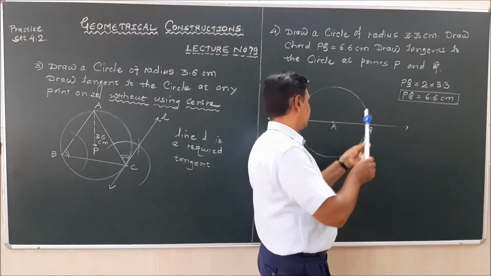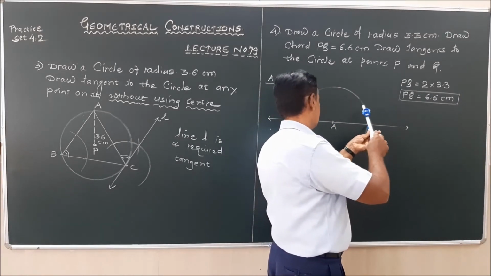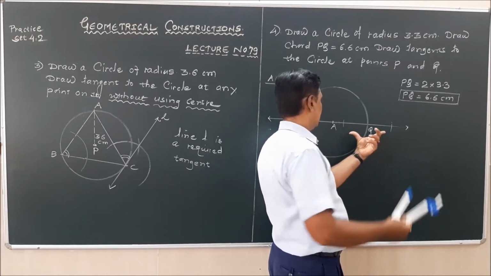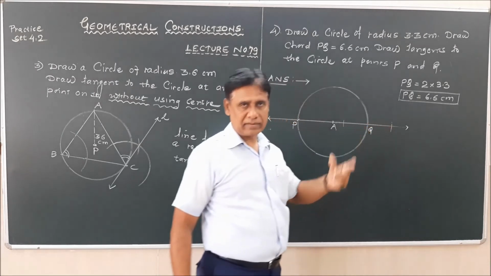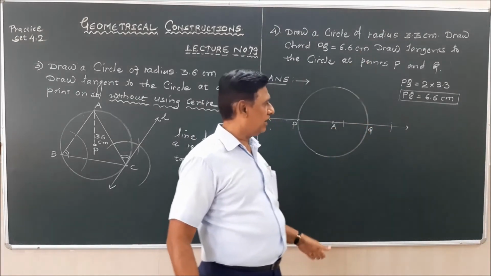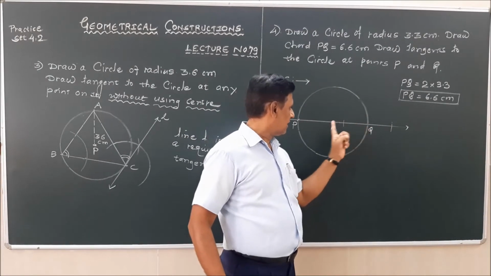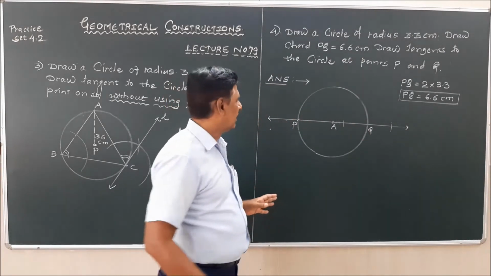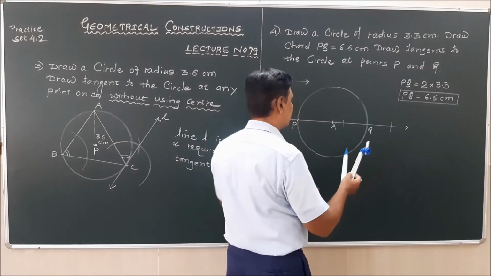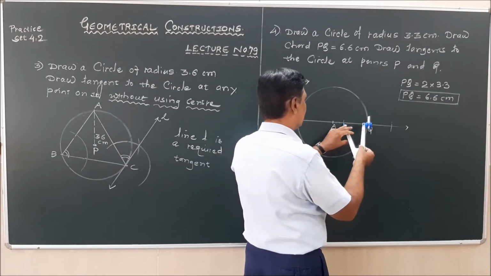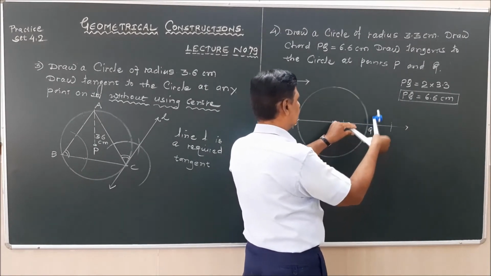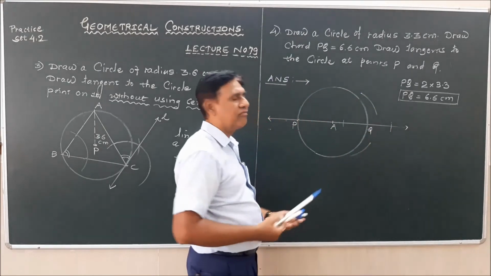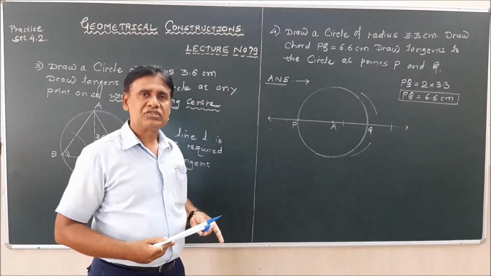Fine. Place the middle point on Q. Draw two arcs on both sides. Correct? You got a segment. We have to draw a perpendicular because our theory says that the radius is always perpendicular to the tangent at its outer end, and therefore at once you will get this segment. Place the middle point on this left-hand side point, distance more than half. Draw two arcs on both sides of A. Correct?